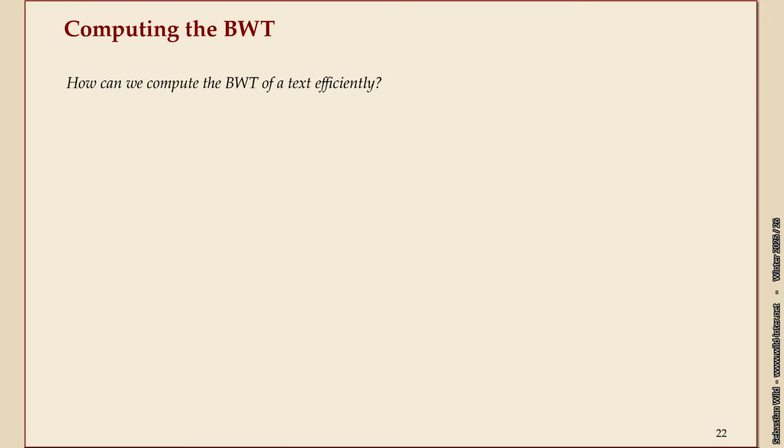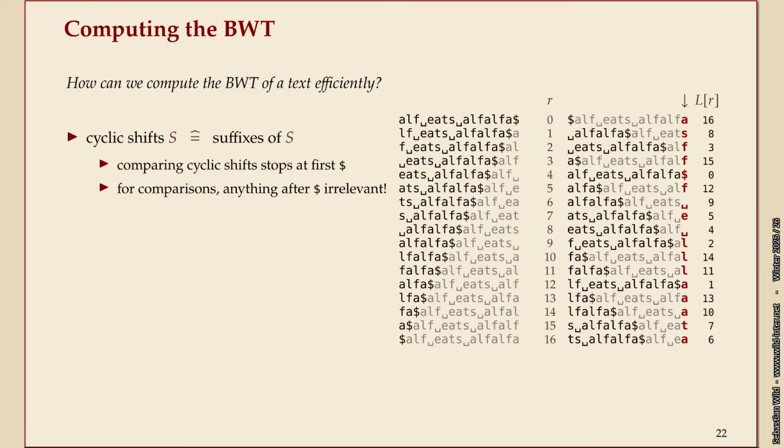Let's talk about how we can find this, because it involves sorting, and we've talked about sorting strings already a good deal. Indeed, it is nothing but suffix sorting if you look at it from the right perspective. And the reason is that these $ symbols mean never ever are you going to look in a comparison at the characters after them. Because the $ symbol is unique, it occurs exactly once in each column.